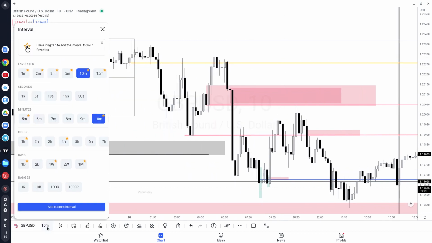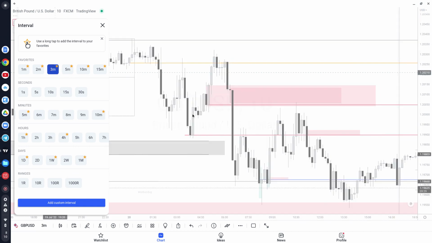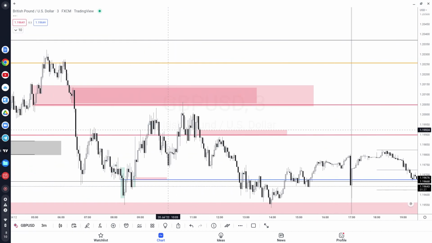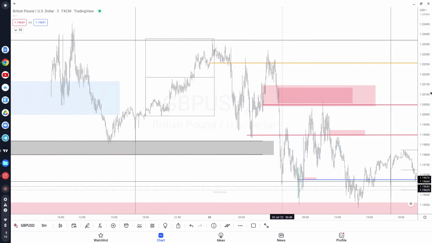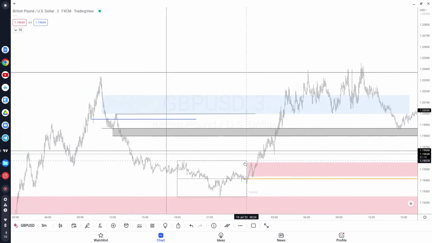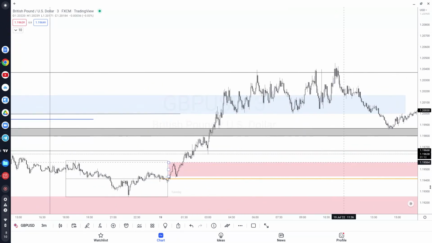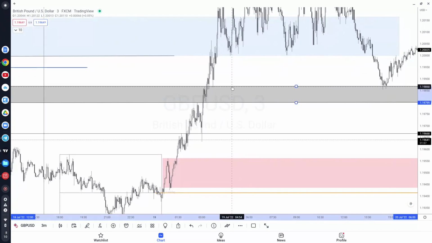The only difference is that we did not get a sweep of the Asia or previous day's highs. But remember, there was SMT divergence here at this area. And the reason that I'm even noting that area is because price, going back to our clarification of order blocks, this shouldn't even be in here anymore.